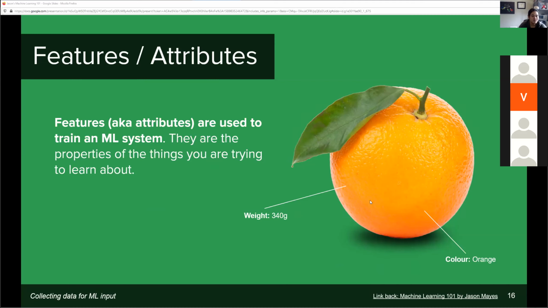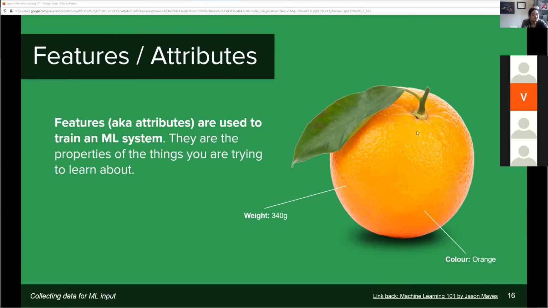The texture might be different as well on the skin, depending on the type of orange, right? So these are all features or attributes. For a human, you could have intelligence, you could have hair color, you could have eye color, you can have a bunch of different attributes or features, and each feature or attribute represents a different dimension of data.